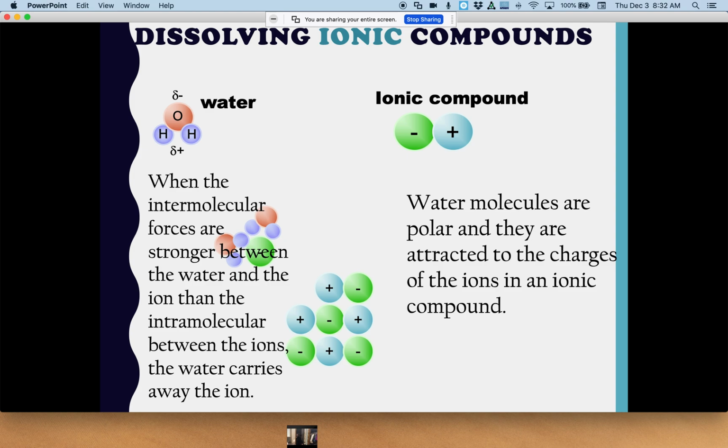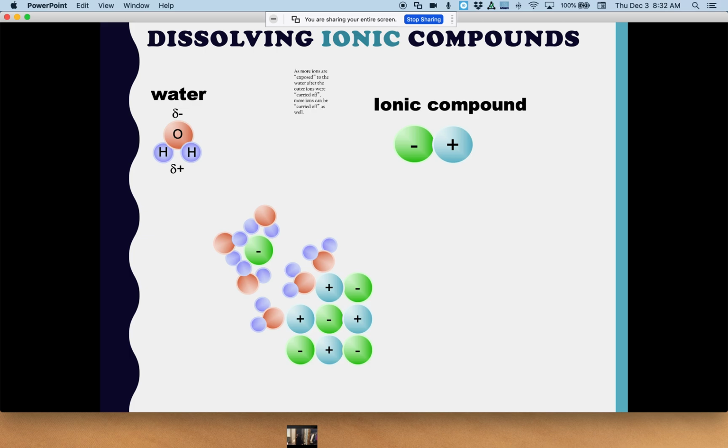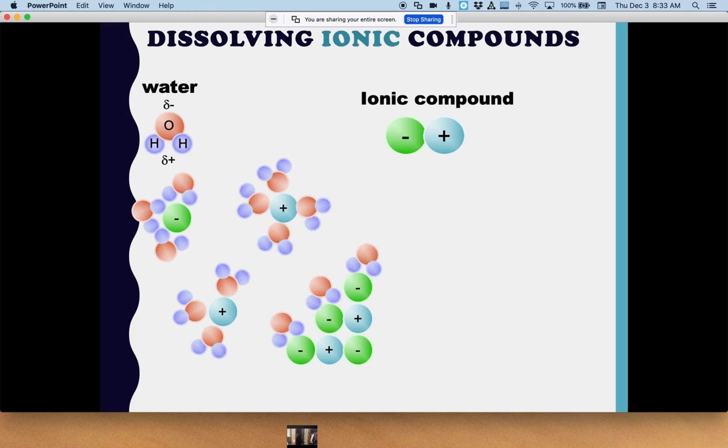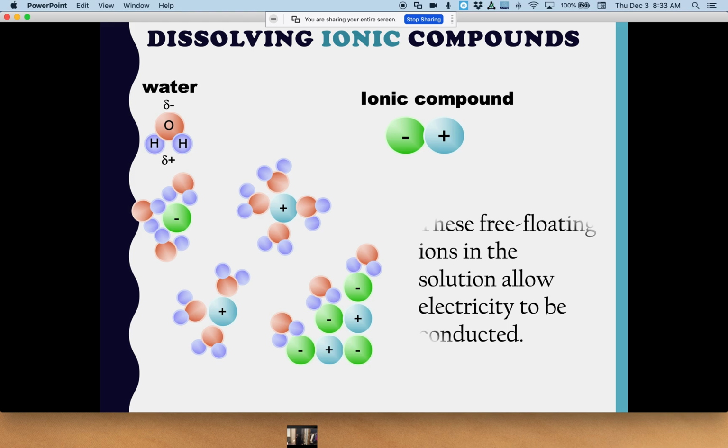And so that's why the water sticks to it and is able to carry it away. When this process happens over and over again, ion by ion, they get carried away until they are separated into individual ions that are what we call free-floating ions. They're able to move around the solution as opposed to being locked into place like they were with a solid.